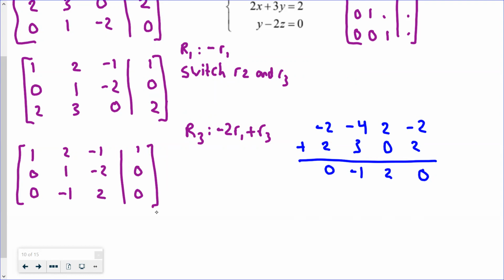Awesome. Okay, now what we're going to do is I'm going to try to get rid of this -1. The opposite of -1 is +1. So if I just add these together, I'll get 0. So I'm going to make a new row 3 again by adding row 2 and row 3.